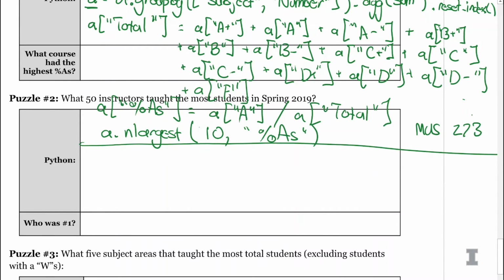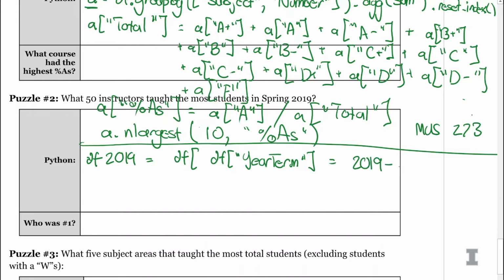Sounds good. So I'm going to call this df_2019, a data frame that just contains spring of 2019 data. That's going to be a subset of our data frame. So we're going to say df[, and our conditional is going to be where df['year term'] is equal to 2019-SP.